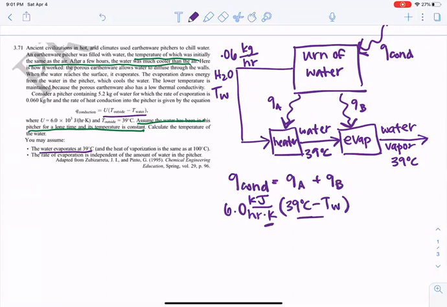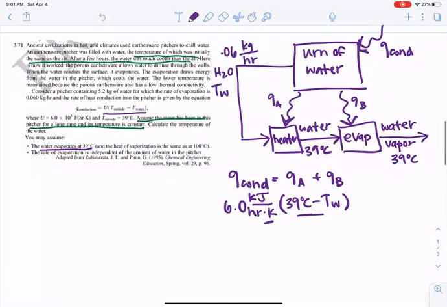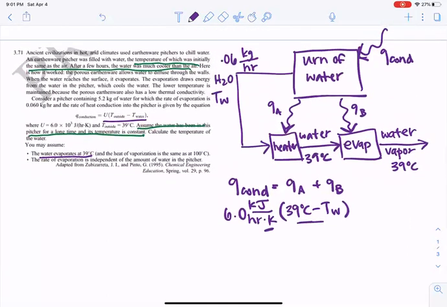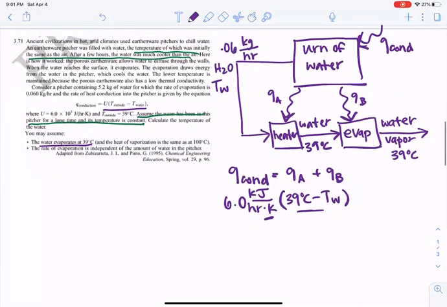That seems bad. But what you have to remember is that the conversion from Celsius to Kelvin is just by adding some factor of 273. So the difference between two temperatures in Celsius is going to be the same as the difference between those two temperatures in Kelvin. So if you wanted to convert these temperatures to Kelvin, you can, but you do not have to.